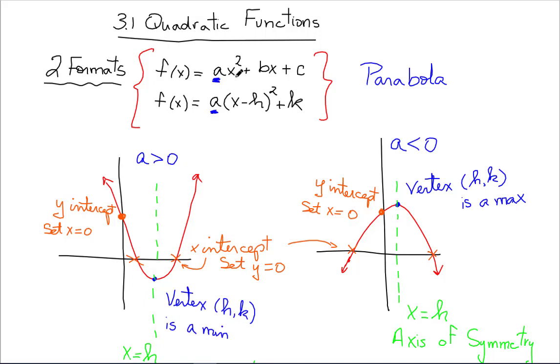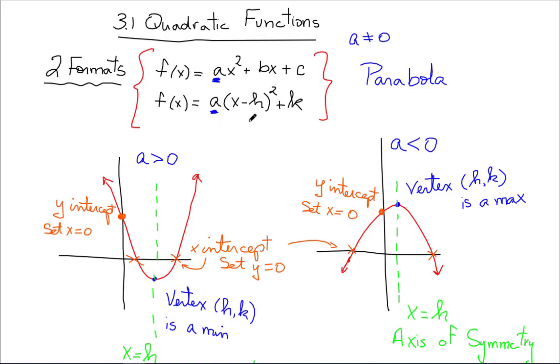It doesn't always have to be an x. It could be a different letter. But it's in a format where the variable is squared and possibly the variable itself. It has coefficients of a, b, and c. The only requirement is the lead coefficient a is never 0.